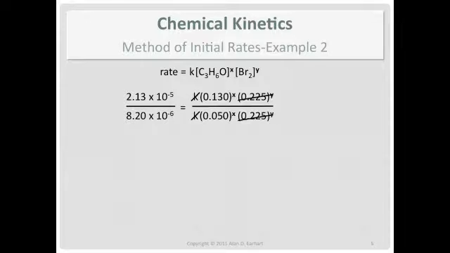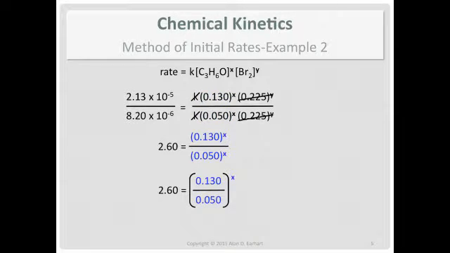So let's reduce this down. The left side is 2.60. I remove some information from the right side. So we have the numerator and denominator each raised to the same power, so I can consolidate under the parentheses, and so that whole thing is raised to the x.